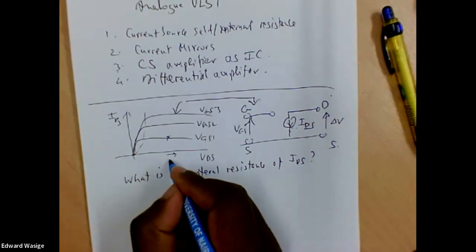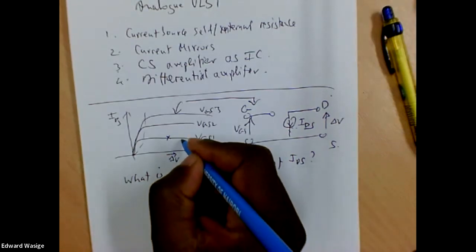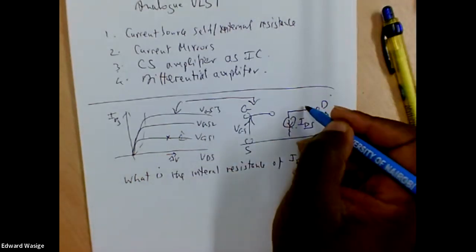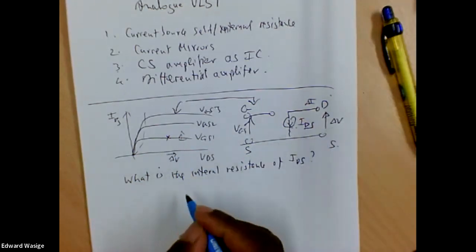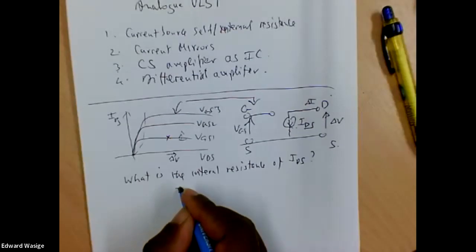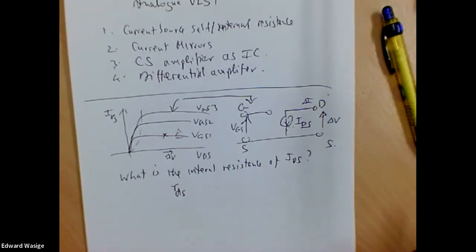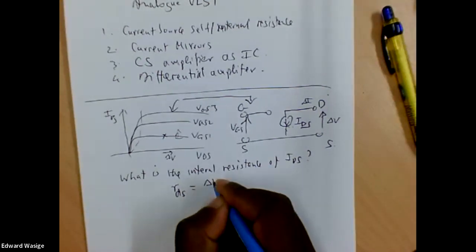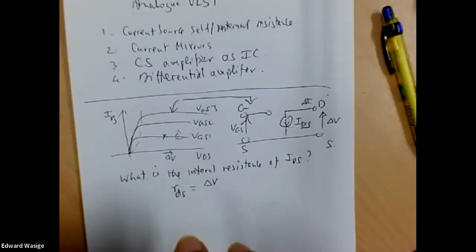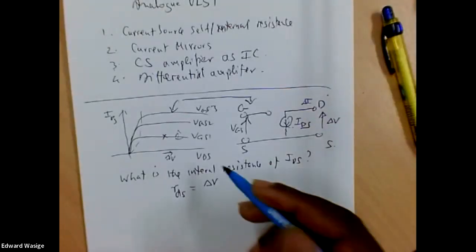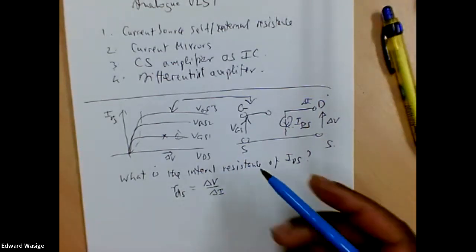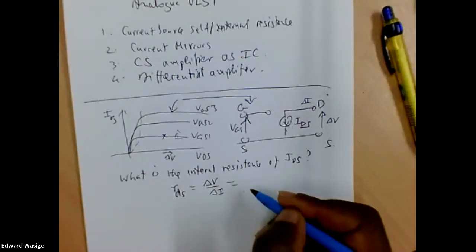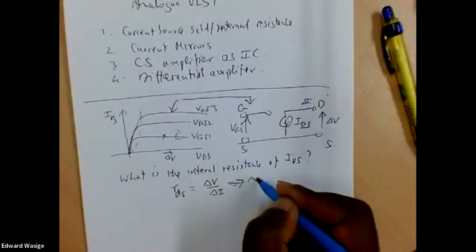If we increase VDS by a value delta VDS, how much does the current change? So the internal resistance, which we can call RDS, the resistance between the source and the drain, will be equal to the voltage that we put between the two main terminals, the D and the S, over the change in current. The change in current is 0. So this number is a big number.